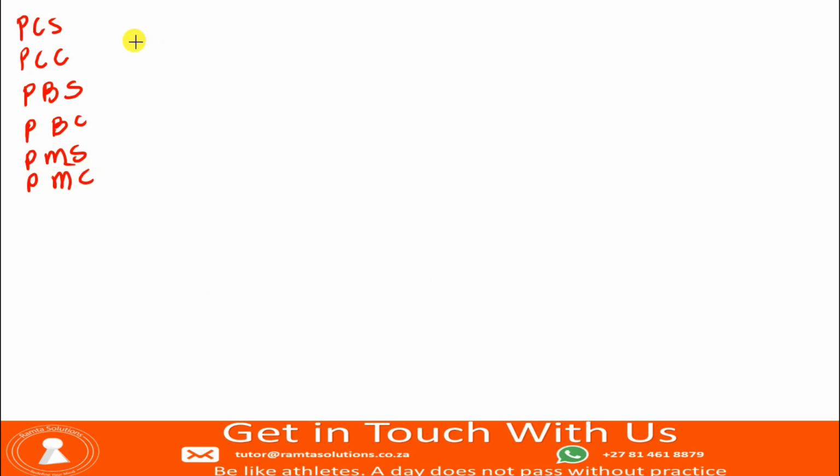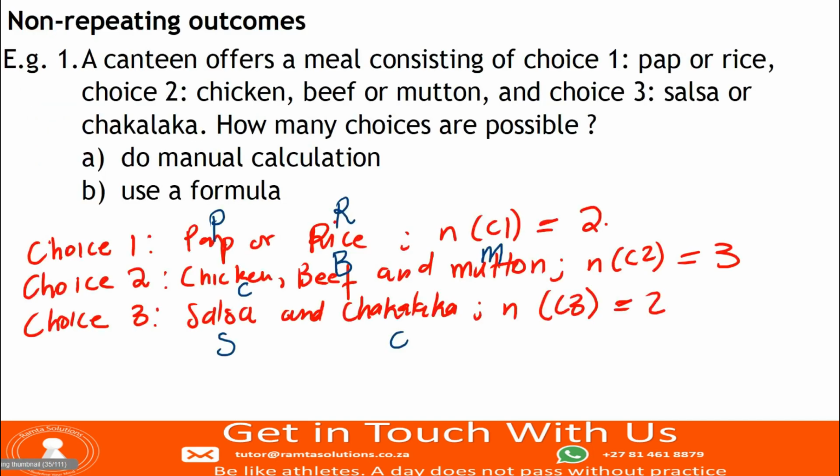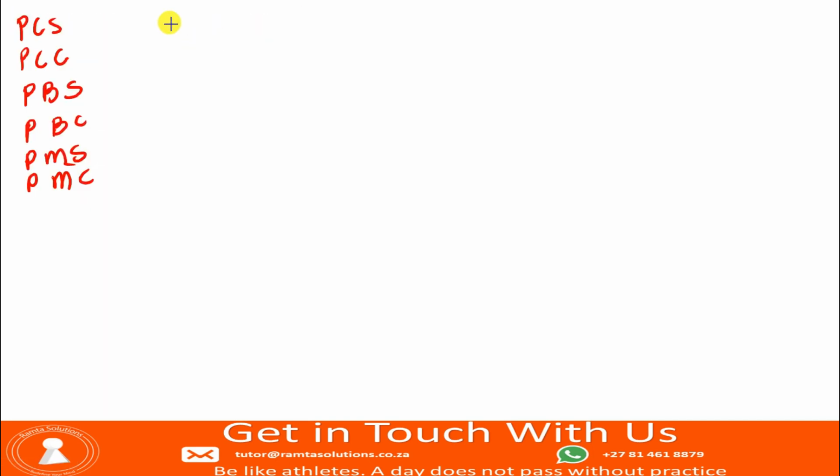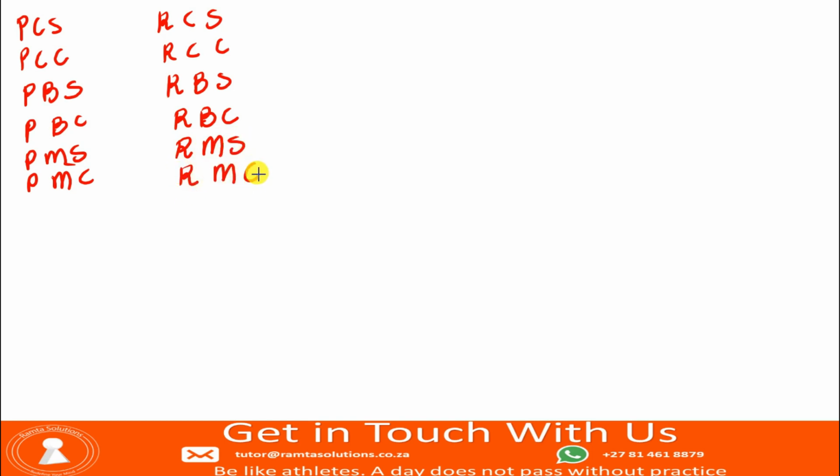Right? Perfect. Now, we then head to rice. We can have rice, chicken, salsa, or rice, chicken, chakalaka, or rice, beef with salsa, or rice, beef with chakalaka. Again, we can also have rice, mutton with salsa. We can also have rice, mutton with chakalaka.